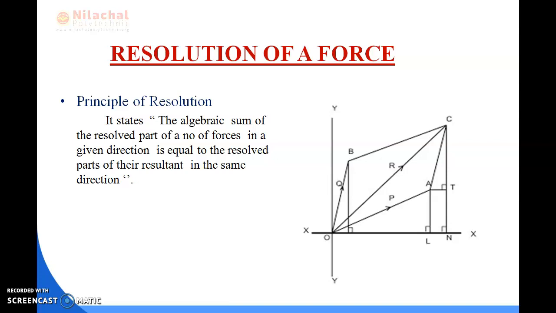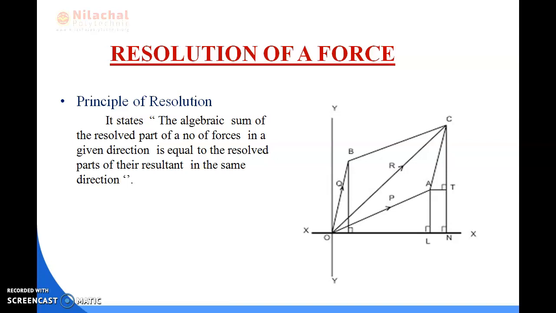And resolution means what? To break a force into two components. Here, if the resolution is of the resultant force R, then it will be split into your P force and Q force. The P force and Q force together have the same direction and magnitude as the resultant force.